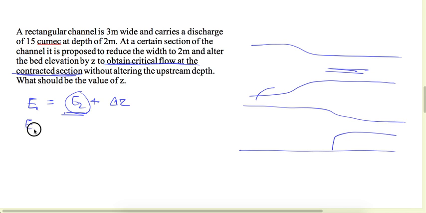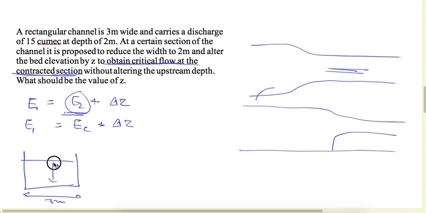So it will be E1 is equal to EC plus delta Z. So first of all, let's find out the E1 and EC.